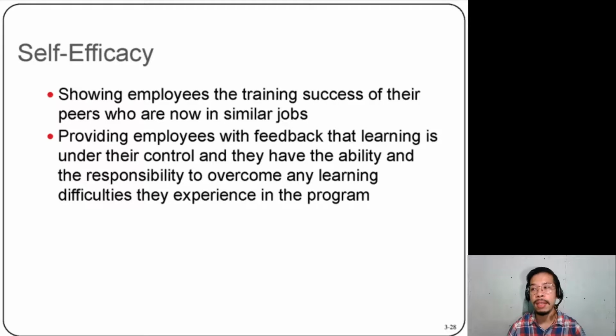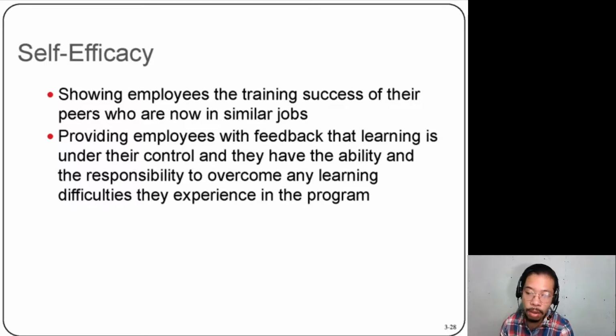Another way of increasing self-efficacy is showing employees and trainees the training success of their peers who are now in similar jobs. So it's like showing them that this is the effect or the product of the training, showing what has been done. And lastly, providing employees with feedback that learning is under their control and they have the ability and the responsibility to overcome any learning difficulties they experience in the program.